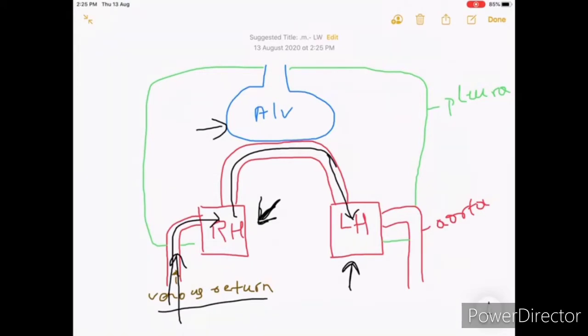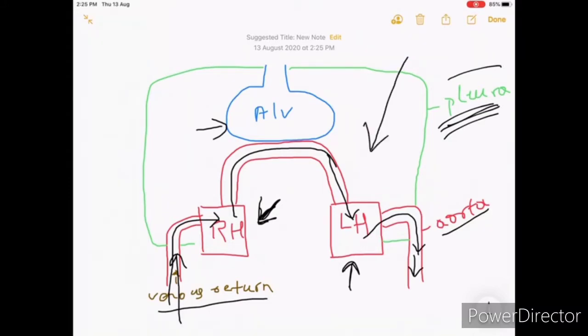And from the left heart, it flows out through the aorta, which is mentioned here, into the systemic circulation. As you can see here, this is the pleura in green, and this can be considered as the pleural cavity.